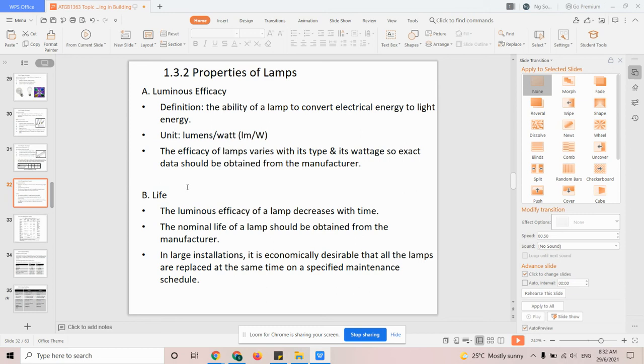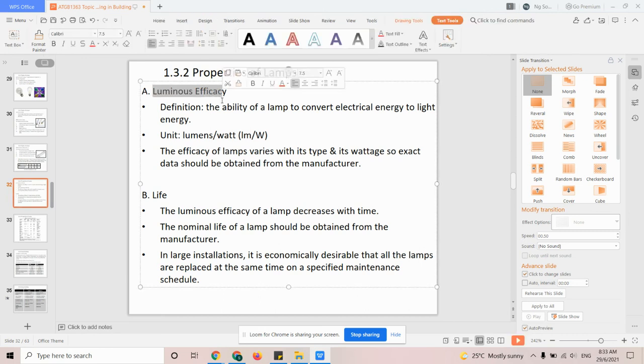So we have two properties of a lamp. Higher voltage does not necessarily mean it is a very good lighting appliance, but when it comes to selection of the right lamp, you want to find out the efficiency behind it.